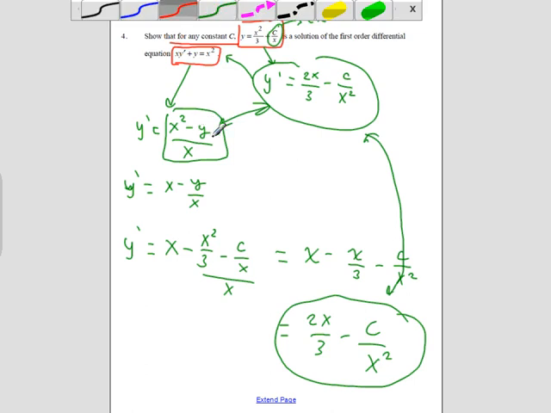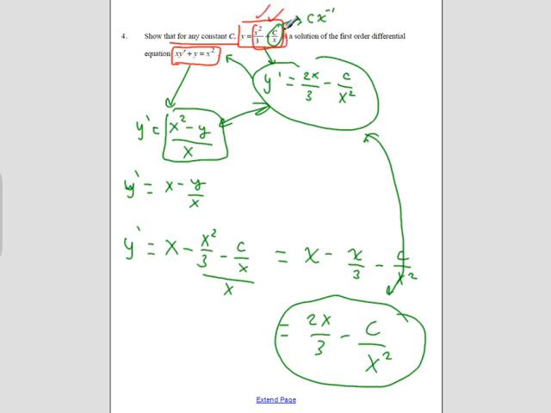We had to get rid of this y, so we substituted this value of y in for it. And when we did that and did some algebra, we saw that this derivative, y prime, is the same as the derivative of this function. So therefore, this boxed in is a solution to this differential equation.